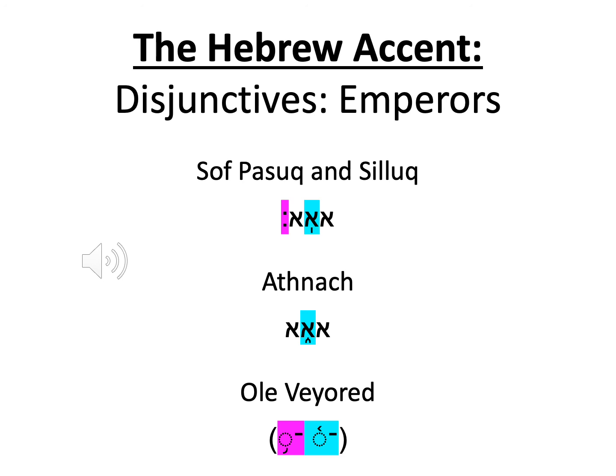We also have ole veyored, which again serves as a major accent and disjunctive. This is a disjunctive that takes place in the three poetic books, Psalms, Proverbs, and Job, and takes the place of atnach, although in shorter verses atnach will still be used, but it functions the same.